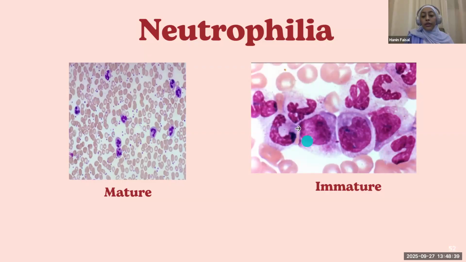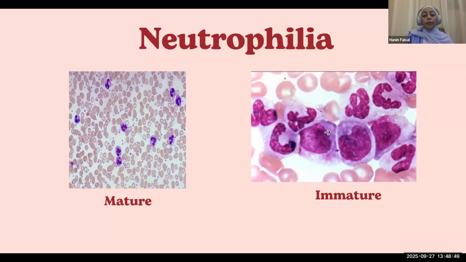The immature type, you can see a lot of those cells. What do you think this cell is? What does it look like? Stab cell, exactly, stab or band cell. Immature, from the name, means I'm having more of the immature cell, not the final neutrophil, so more of the stab cell or band cell.